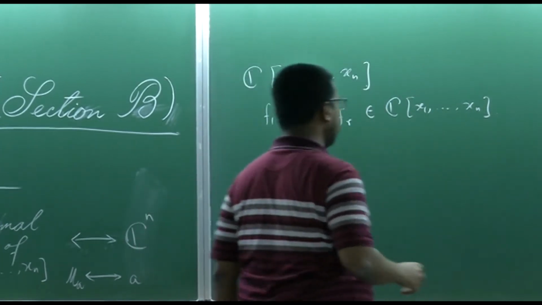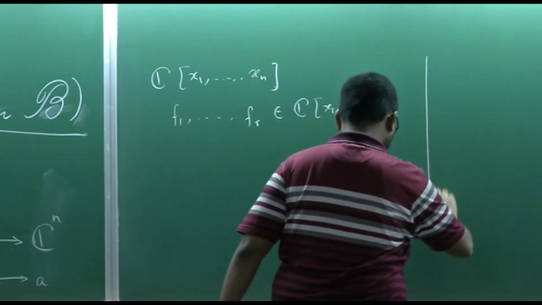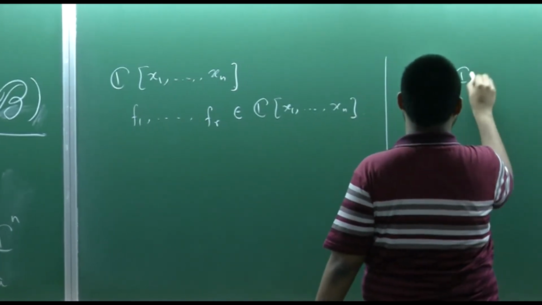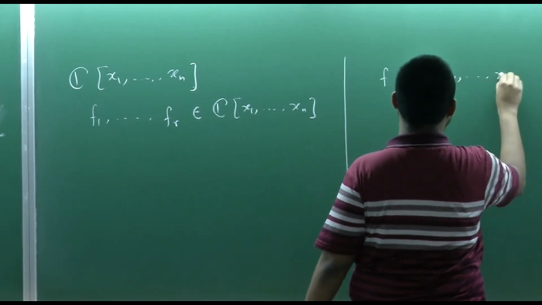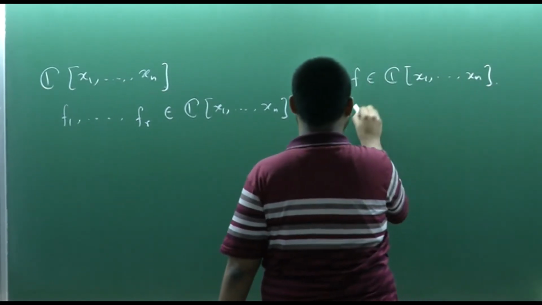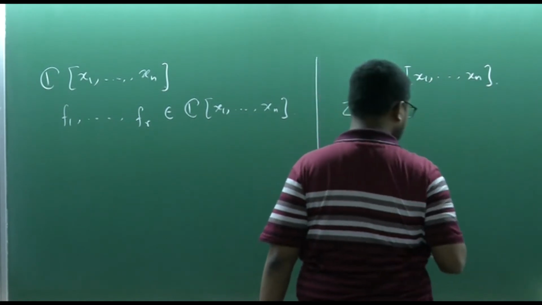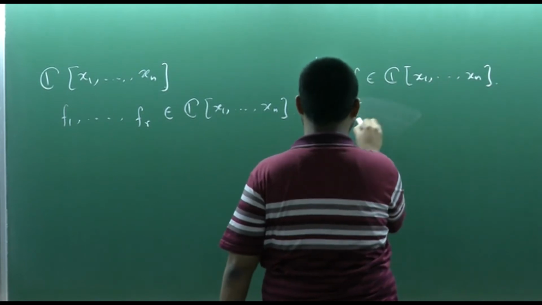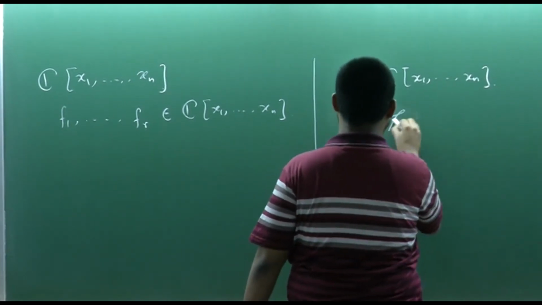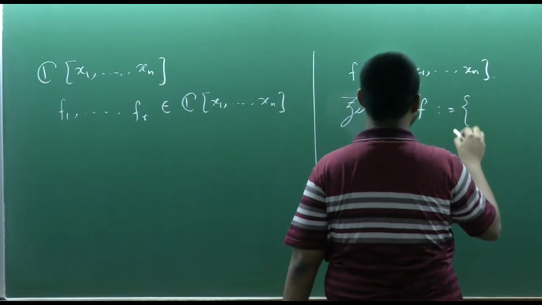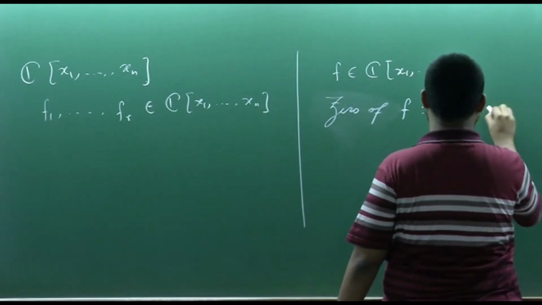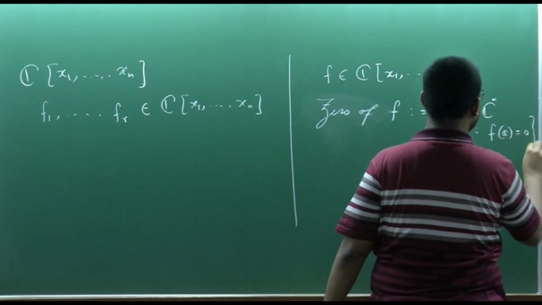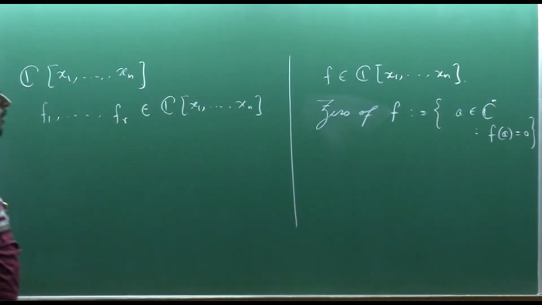Before that, let me recall for you that if f is a polynomial in n variables, then the 0 of f is the set of all points a such that f of a is 0.